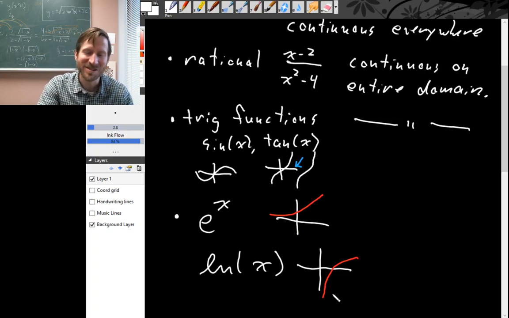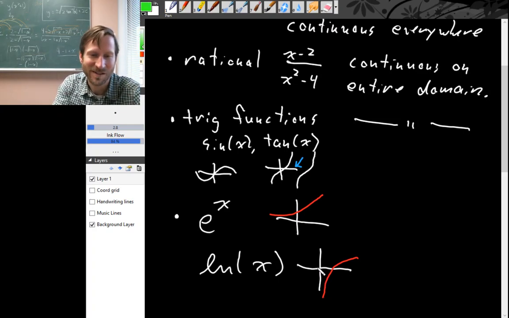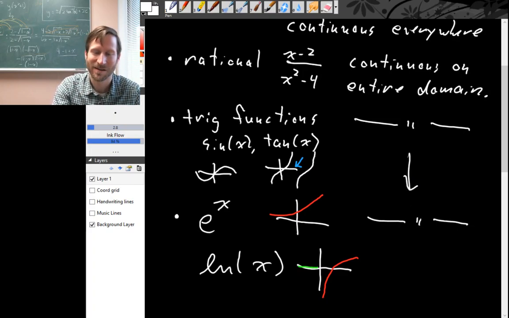Well, as long as you stick to the domain of the natural logarithm, right? To the left of 0 over here, there is no graph, so we can't talk about the graph being continuous because there's just no graph over here. So natural log is continuous where it's defined. Well, that means, again, it's continuous on its entire domain.